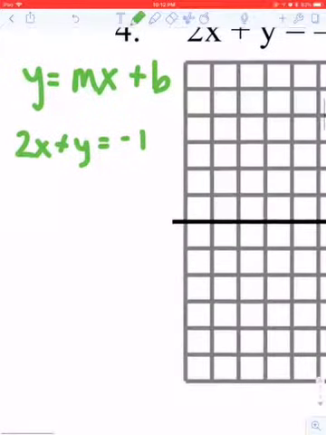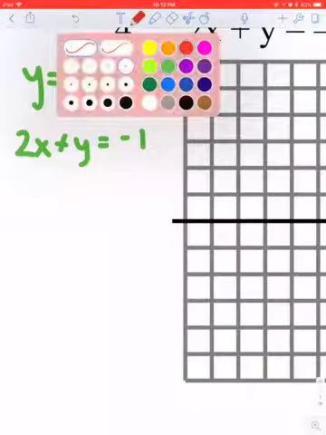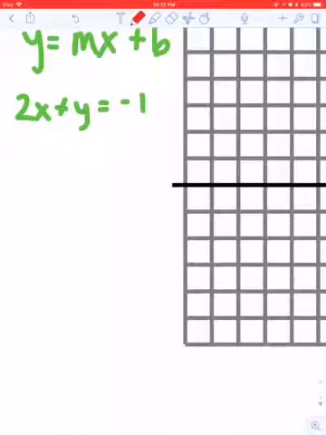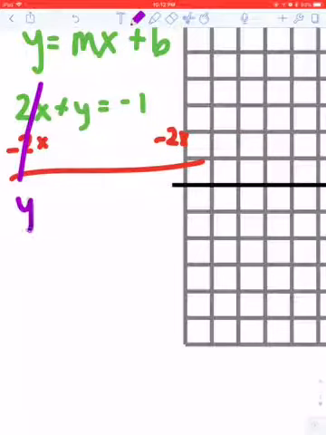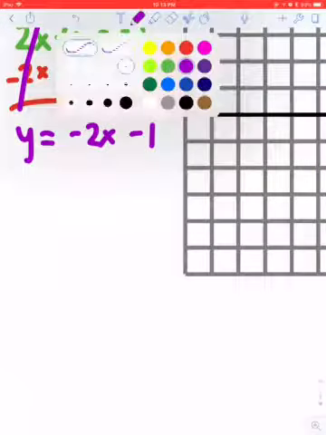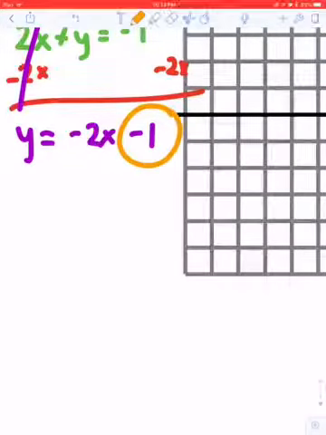So I need to get rid of the 2x so that y can be by itself. To do that, I'm going to subtract 2x from both sides. So when I do that, I get y is equal to, I'm going to write the negative 2x first, and then the minus 1. So in this case, b is your negative 1, that's where you're going to start, and then your slope is going to be negative 2 over 1.